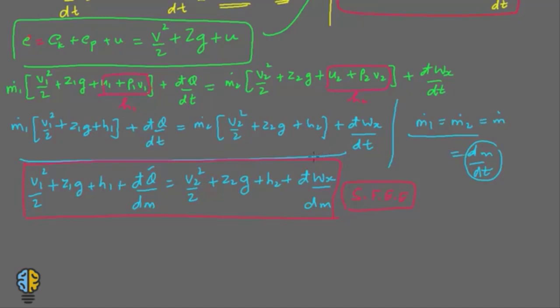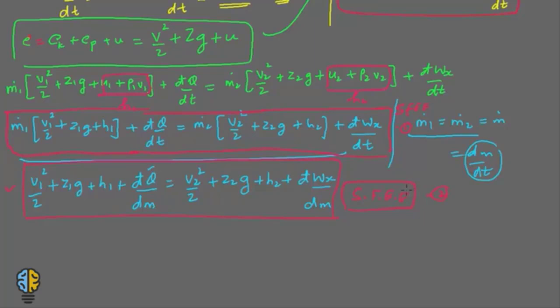Now basically you have two SFEEs, that is, you have two steady flow energy equations. So one is this and the other one is this equation. This equation is also a steady flow energy equation, but there is a very minute difference in both the equations. Let us say this is equation 1 and this is equation 2.